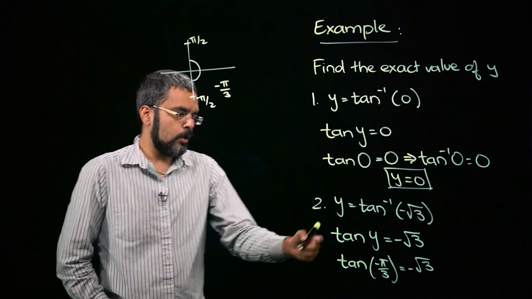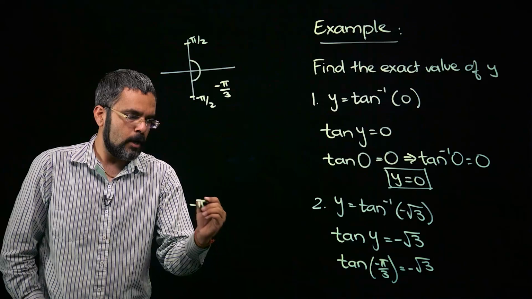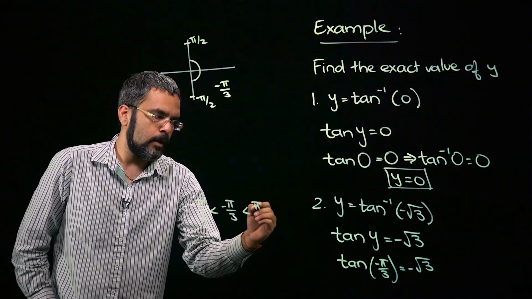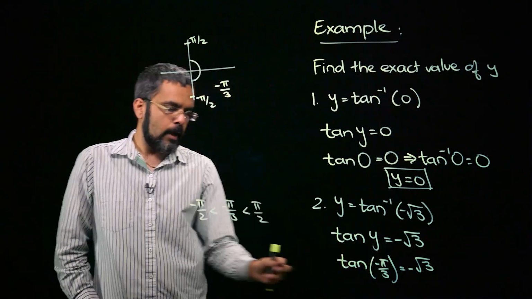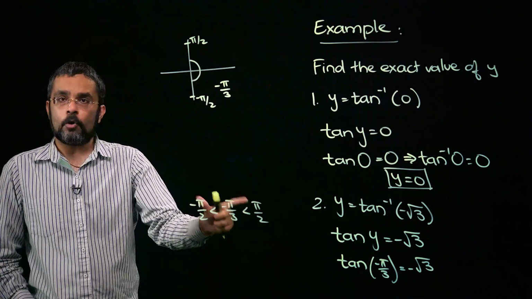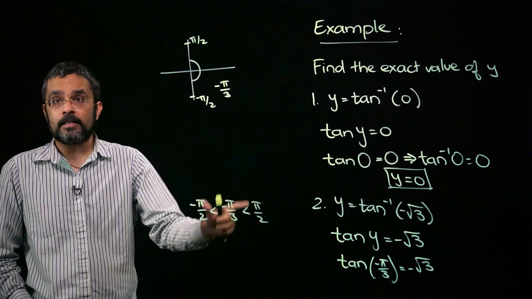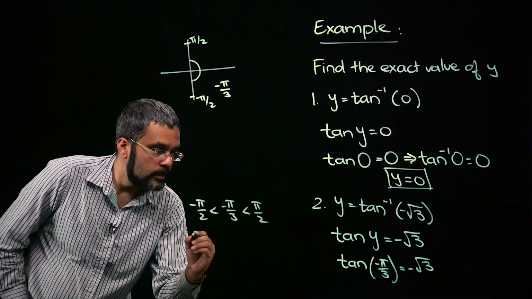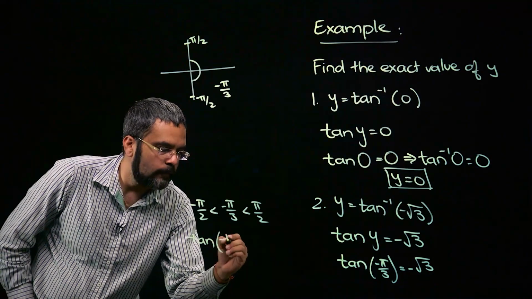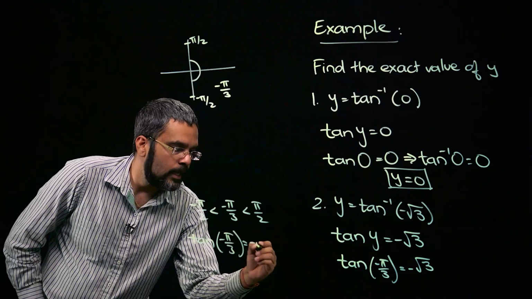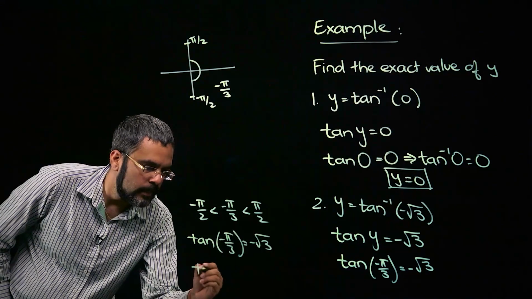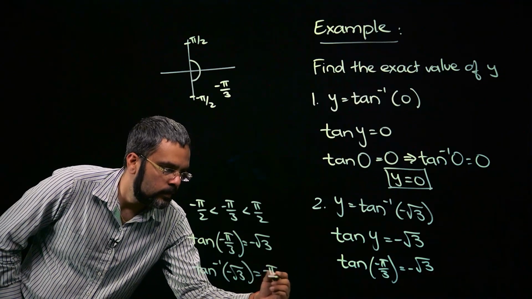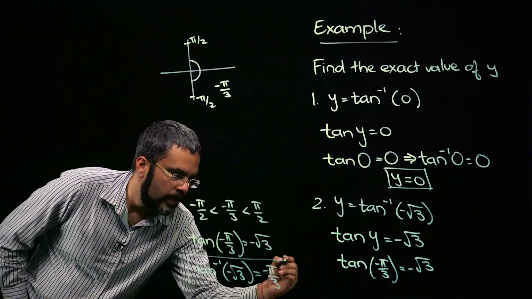Also note that negative pi over 2 is less than negative pi over 3, which is less than pi over 2, right? So that angle negative pi over 3 falls in the restricted domain for my tan, or in the range of my tan inverse. And so I have tan of negative pi over 3 equals negative root 3, which implies that tan inverse of negative root 3 equals negative pi over 3.